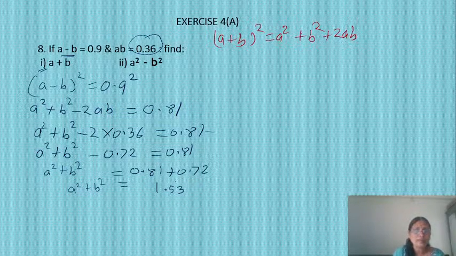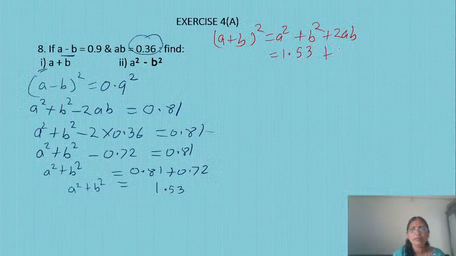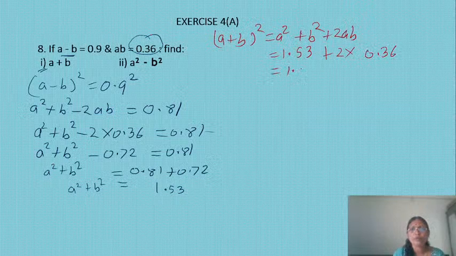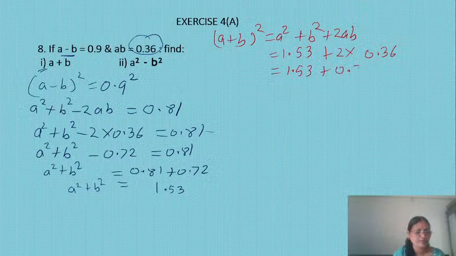So A square plus B square we have already got 1.53. We will put that 1.53. And 2AB, so 2 multiplied by value of AB is given to us 0.36. So which is 1.53 plus 2 multiplied by 0.36, 0.72. Okay. Next. Now add.